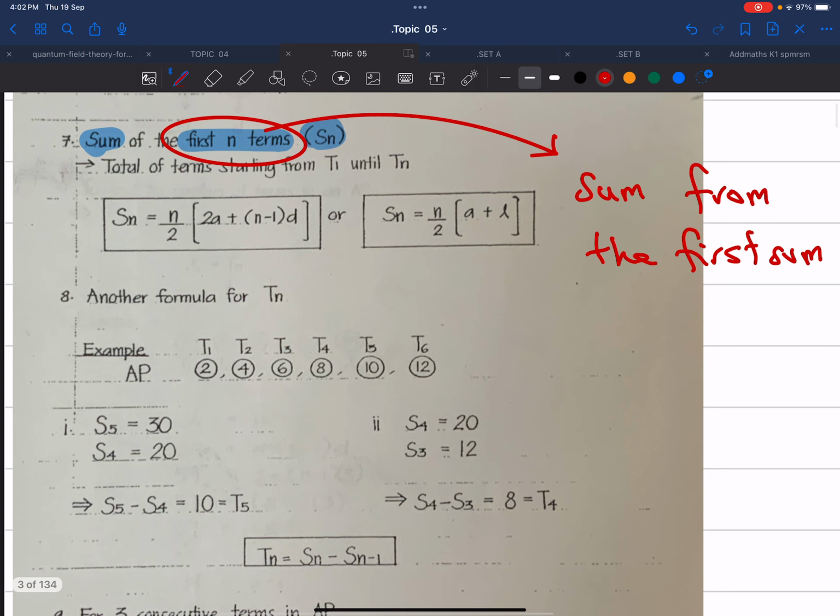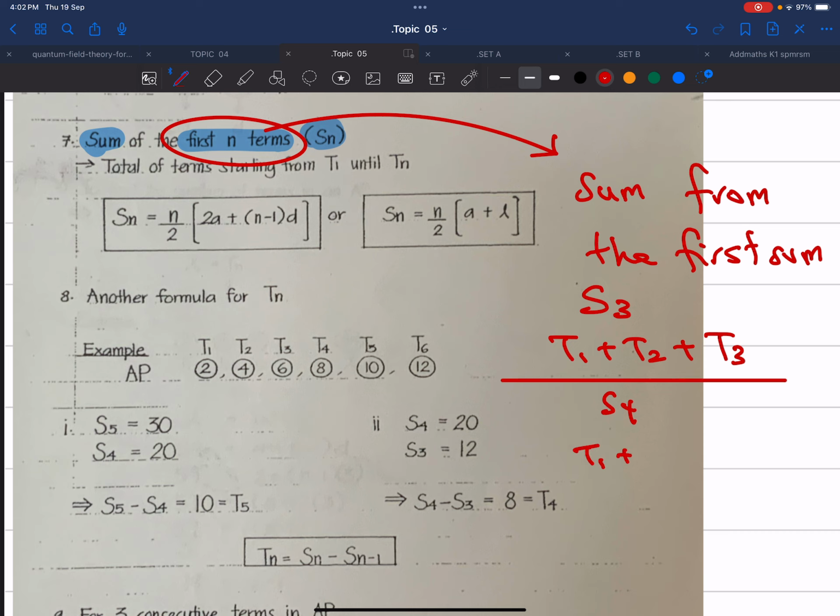Meaning, if I want to find S3, this is T1 plus T2 plus T3. Let us say I want to find S4. It is T1 plus T2 plus T3 plus T4. So you must start from the first term T1.